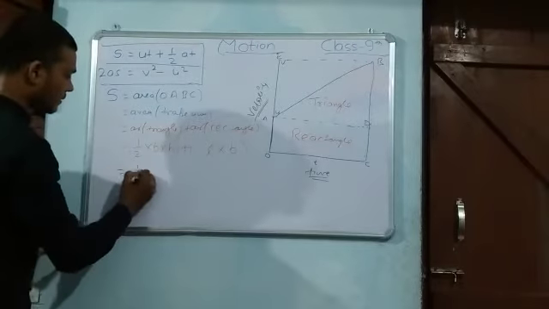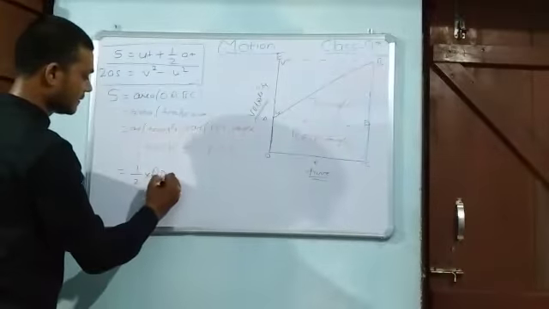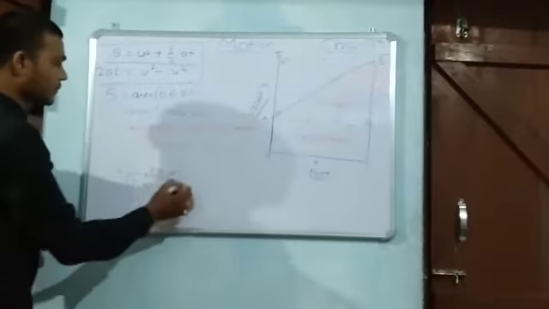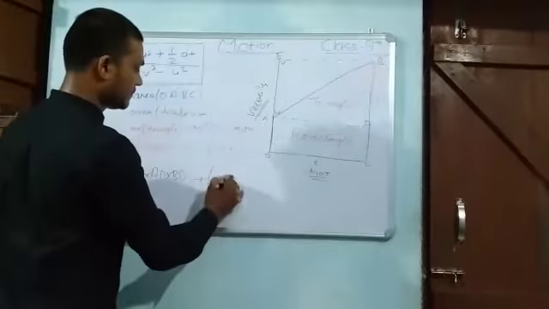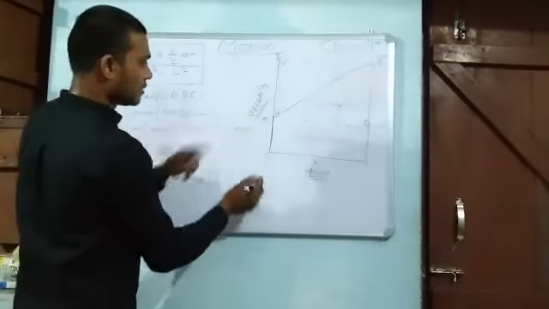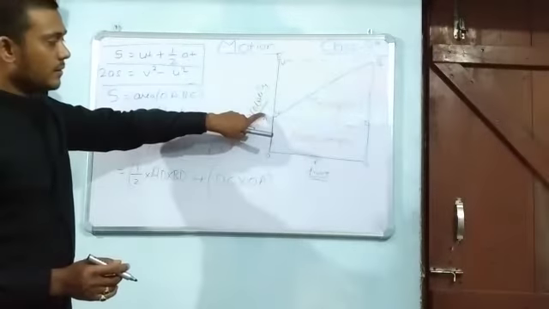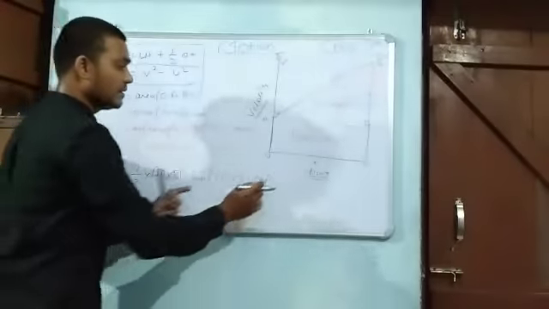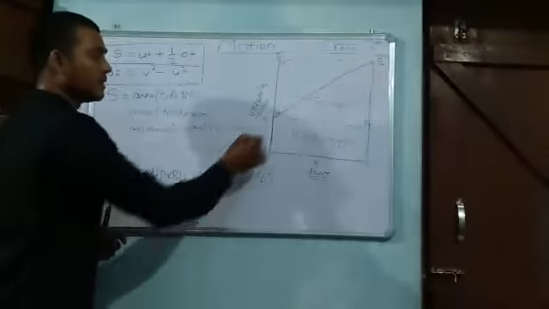So we put the value of base, which is AD, and height BD, plus length OC into breadth OA. OA means CD, and OC means AD. This one and this one are equal in any rectangle.